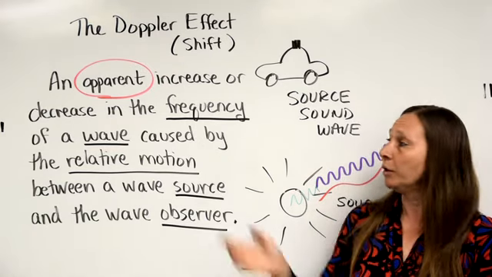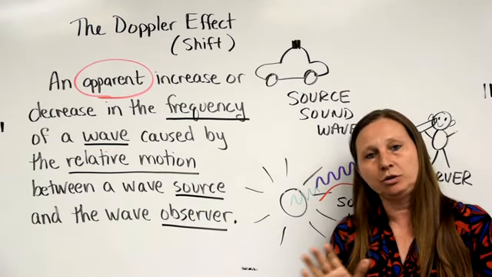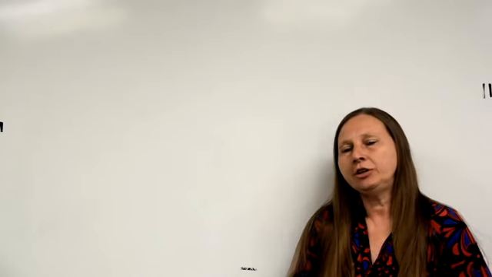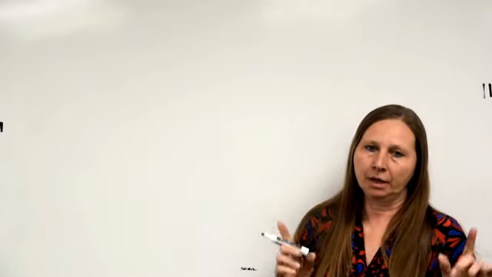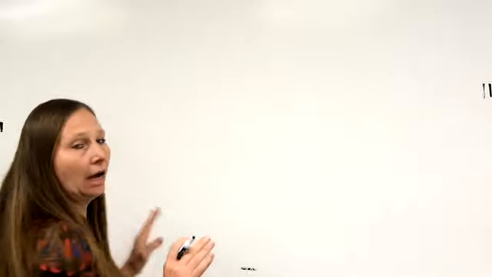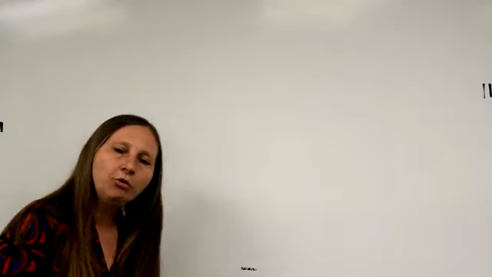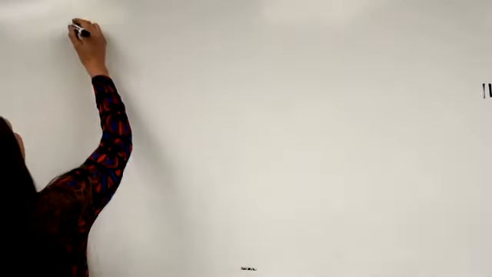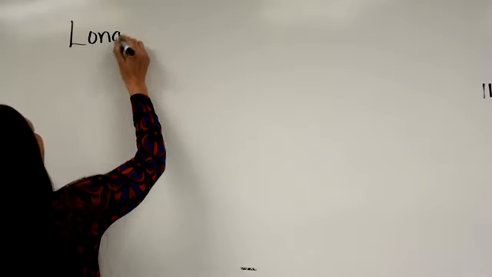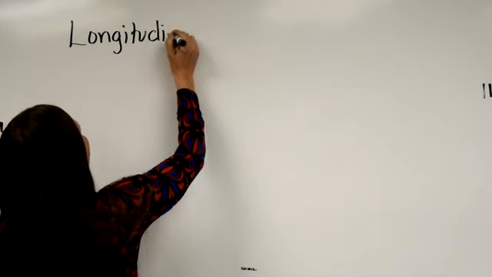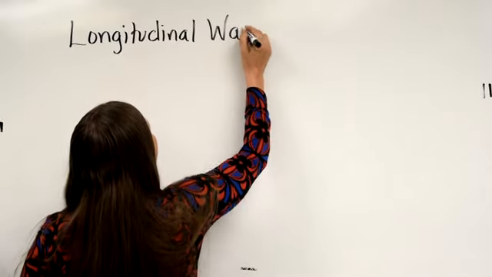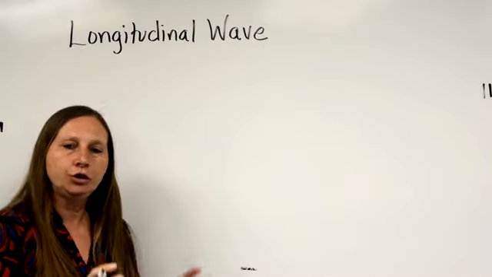All right? We're going to get rid of this, and we're going to go into some more detail. Now, I'd like to show you just a little bit about how we draw, how we represent or model waves. Now, I'm sure you recall that sound waves are a type of longitudinal wave, right? So sound waves are longitudinal waves.